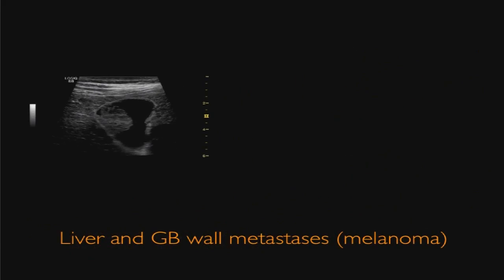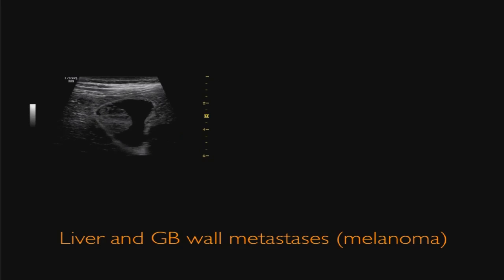We've seen several patients who have metastasis in the gallbladder wall, and they all behave the same. This here is a patient with a melanoma, and so far I have 5 patients with metastasis of the gallbladder wall, and all were melanomas.